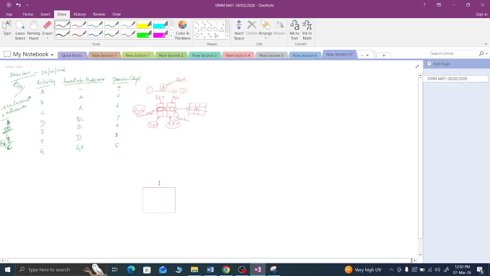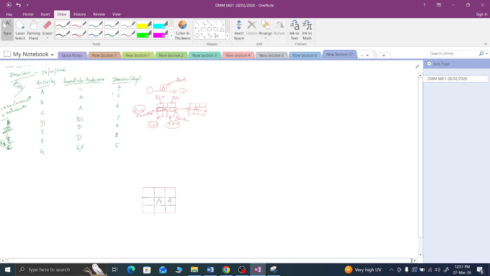I am going to divide this one into 9 equal portions, and this is activity A, right? There is nothing before A, so the duration is 4. I am putting 4 here.